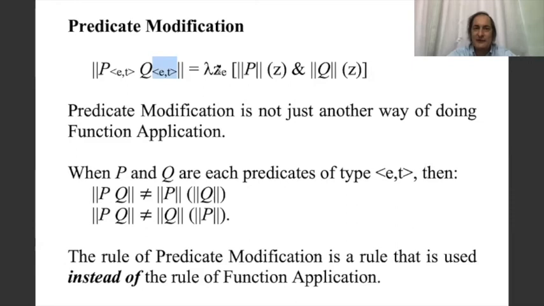It says start with a lambda z, where z is of type e, an individual. Apply the translation of P to z, and conjoin that with the result of applying the translation of Q to z.